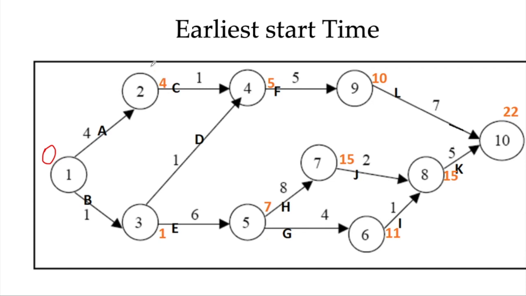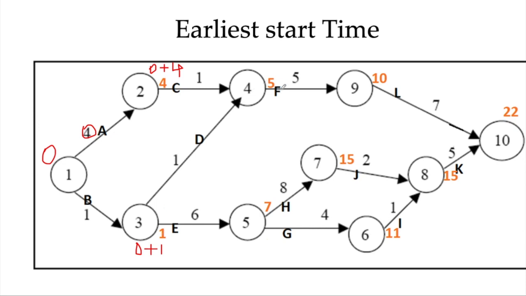So this 4 is basically 0 plus 4, and this 4 is basically this one. Similarly, activity B starts at 0, so obviously it will finish at 1 because it requires just 1 day to complete. So 0 plus 1. This is how it is computed.